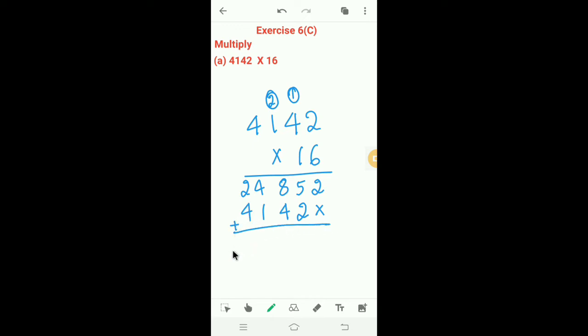Next we should add both the numbers. 2, 5 plus 2 is 7, 8 plus 4 is 12, so I will write 2 here and 1 carry. 4 plus 1 is 5, 5 plus 1 is 6, 2 plus 4 is 6. Therefore, the answer is equal to 66,272.